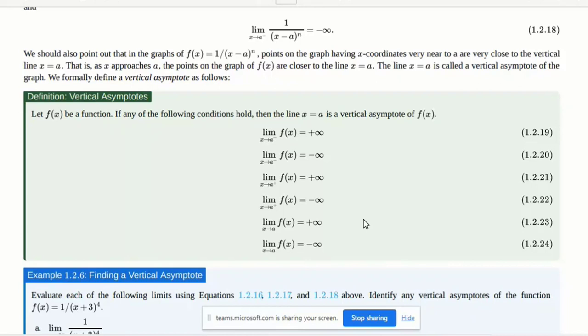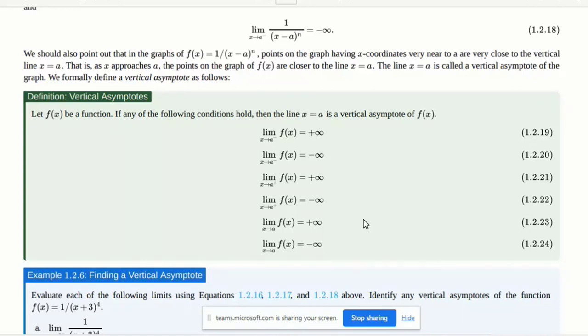But now, let's look at what this definition is saying. Let f of x be a function. If any of the following conditions hold, then the line x equals a is a vertical asymptote of f of x.